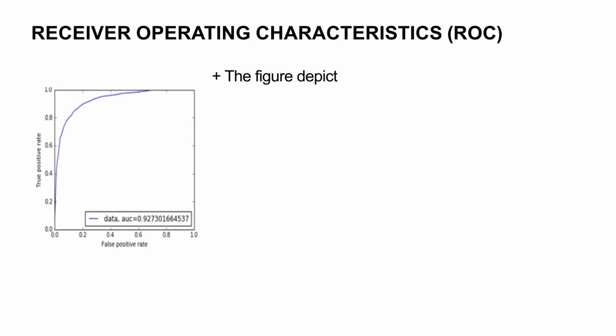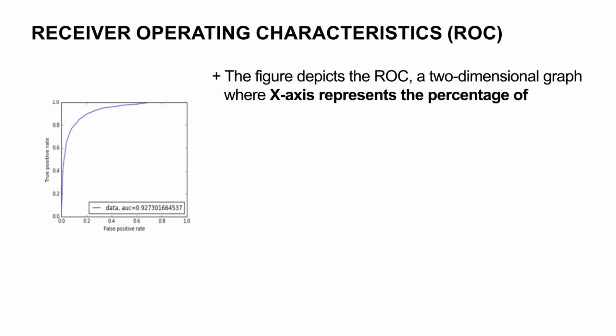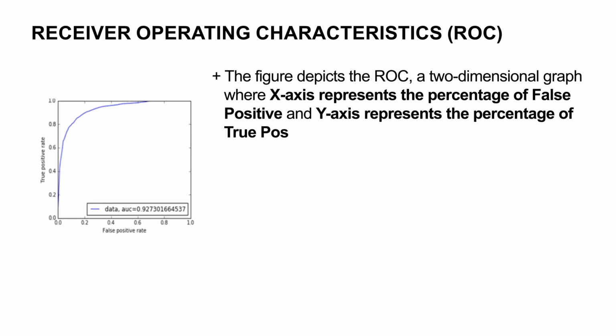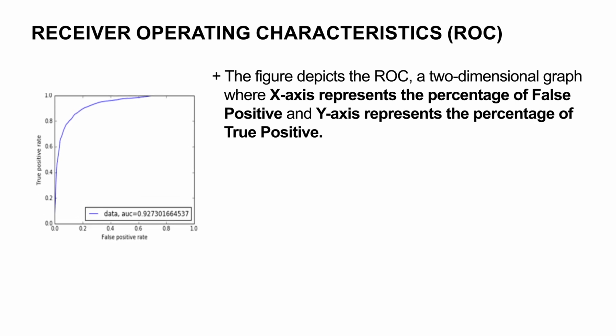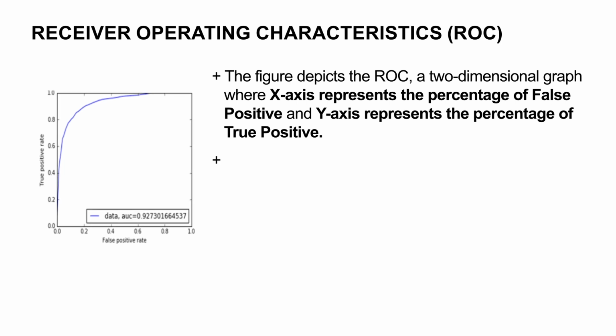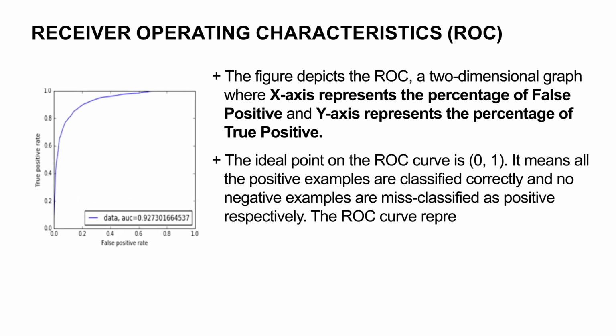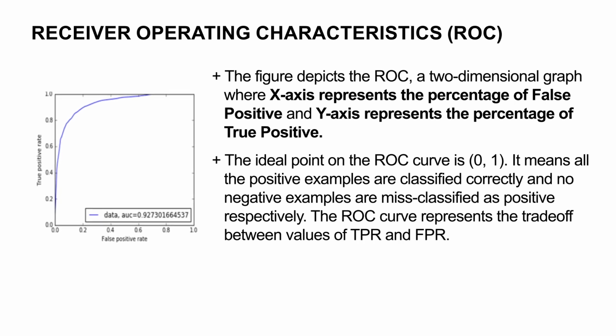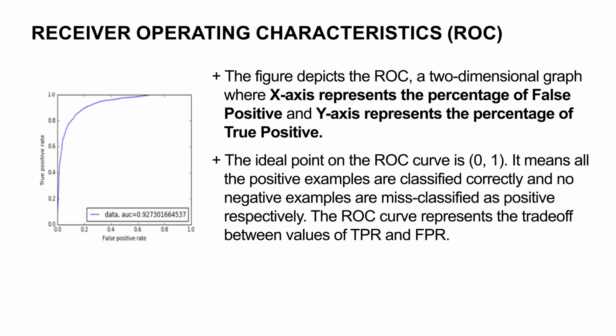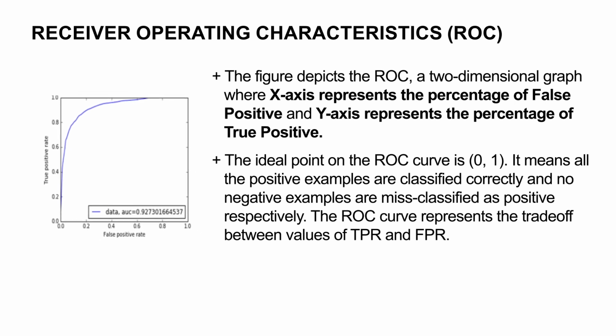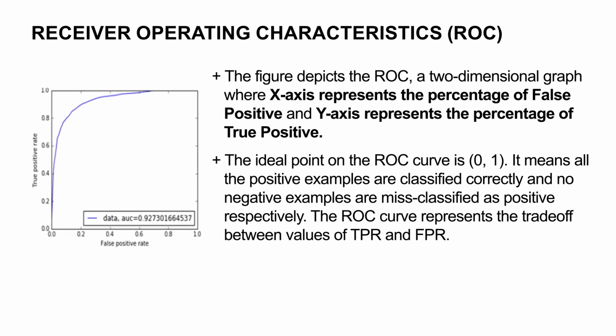The figure depicts the ROC, a two-dimensional graph where the x-axis represents the percentage of false positives and the y-axis represents the percentage of true positives. The ideal point on the ROC curve is 0,1. It means all the positive examples are classified correctly and no negative examples are misclassified as positive. The ROC curve represents the trade-off between values of TPR and FPR.